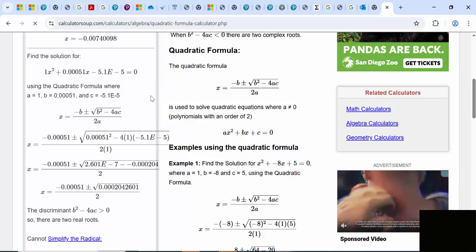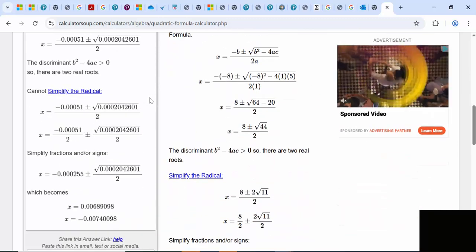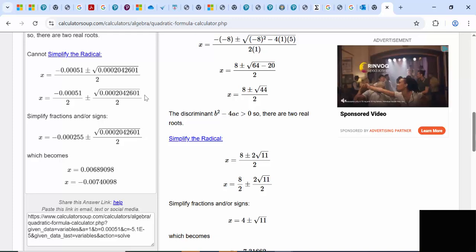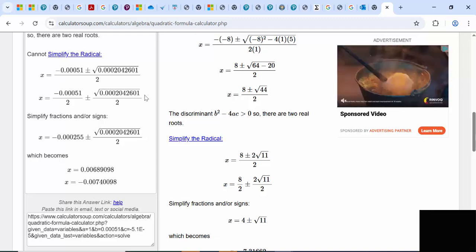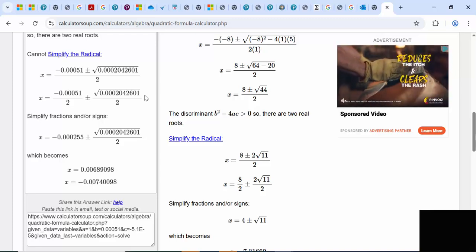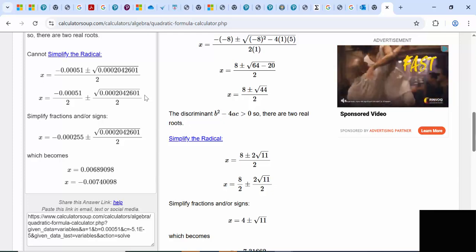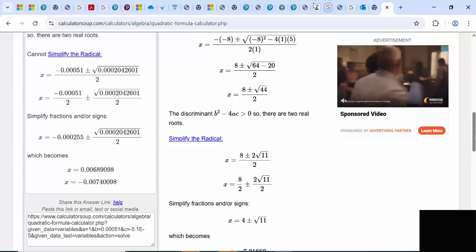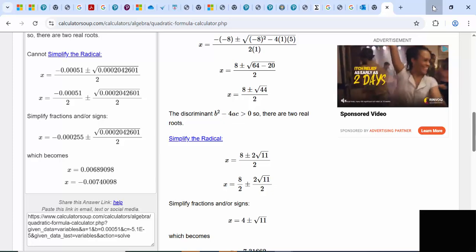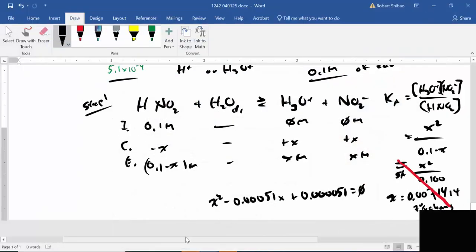I know some people were coming out with imaginary numbers. All right, so the X is 0.006890. That's quite a bit different than the simplifying assumption.